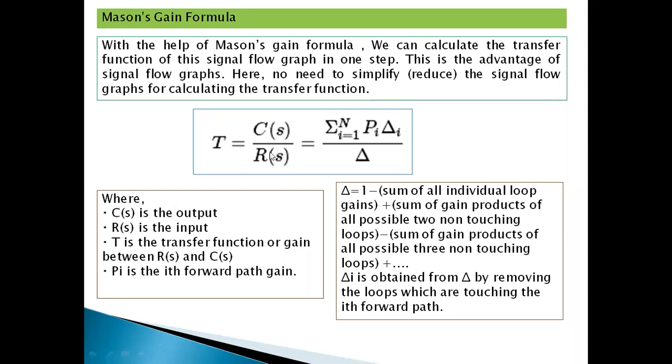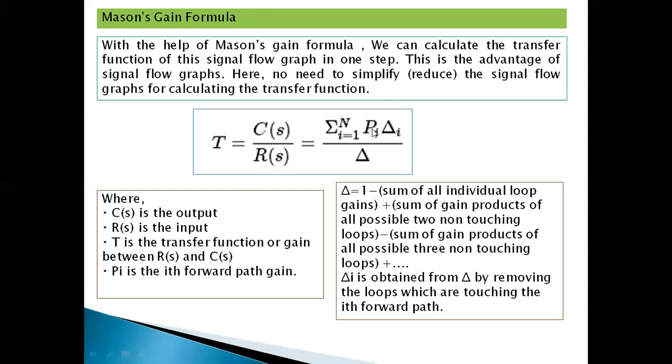C of S by R of S is equal to the sum over i equals 1 to n of P i delta i by delta. This was the formula given by S.J. Mason. Once we find delta, P, n, delta i, and P i, we can directly substitute to get the overall transfer function.